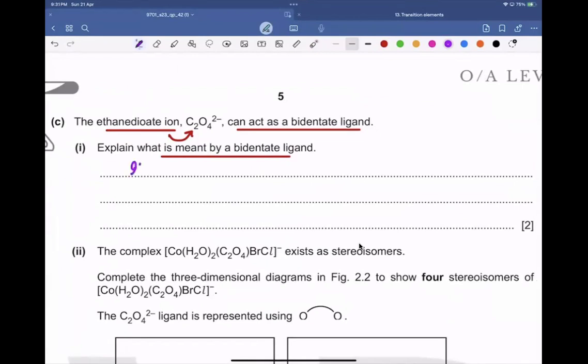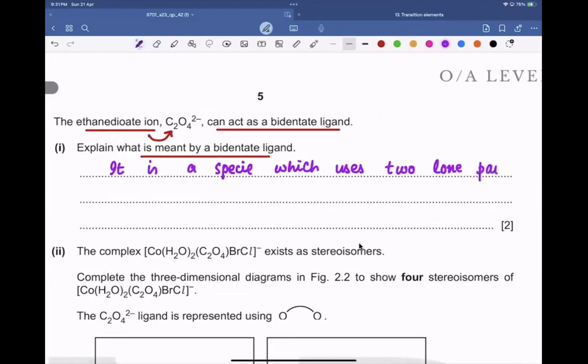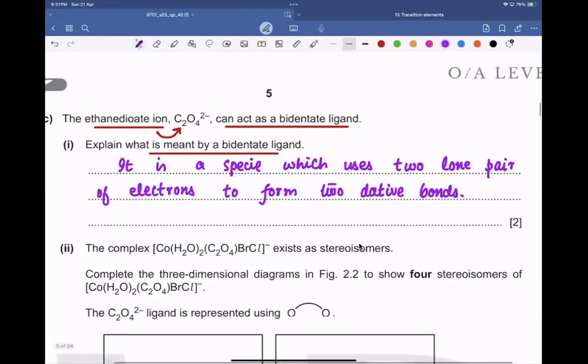So I can write: it is a species which uses 2 lone pairs of electrons to form 2 dative bonds. Is this clear to all of you?